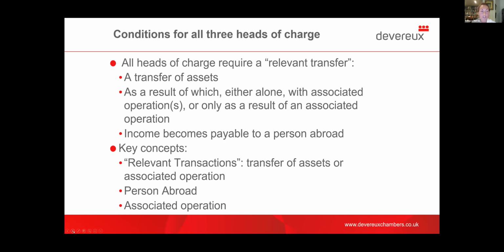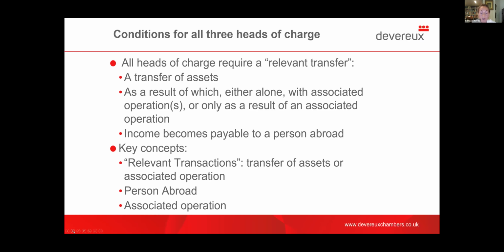So section 716 tells us that a transfer is a relevant transfer for TAR purposes if it's a transfer of assets and, as a result of the transfer, or one or more associated operations, or the transfer and one or more associated operations, income becomes payable to a person abroad.